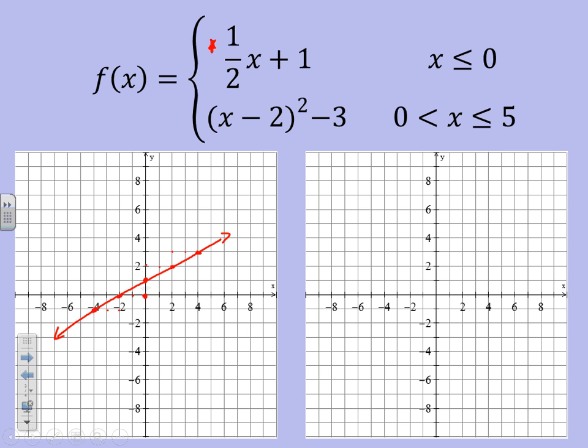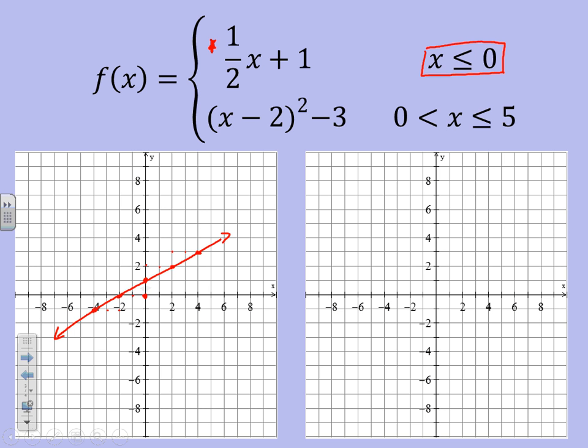Now, what is different about this versus a normal function is that here we really have to look at, well, what is this domain telling us? These are the only numbers that we can use. So this is what the graph would look like. That solid line, that's what it would look like normally with no restrictions on it. But now we have a restriction. Here it says x has to be less than or equal to 0.